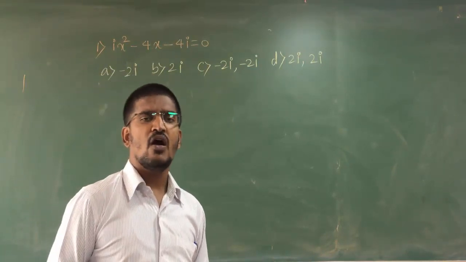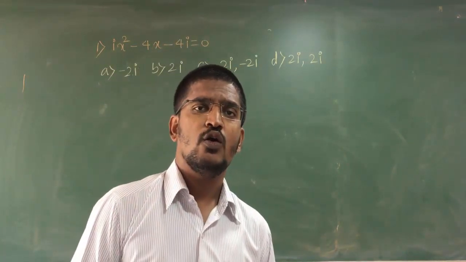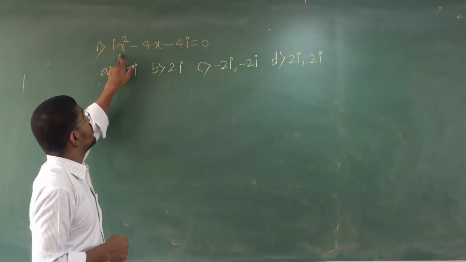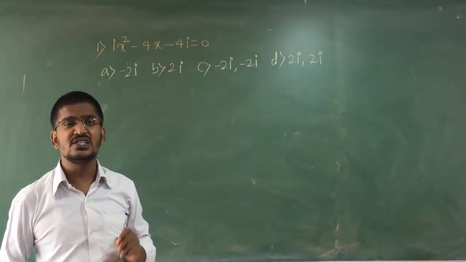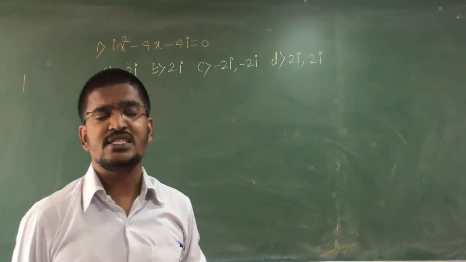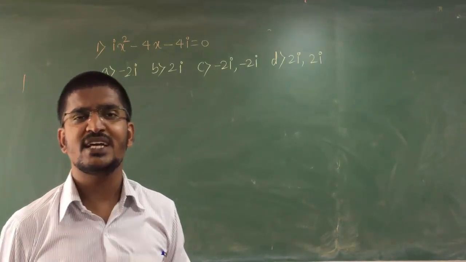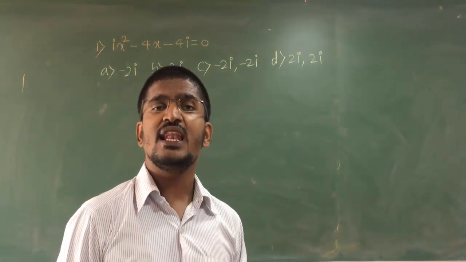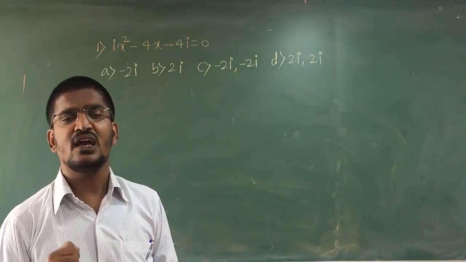So by knowing all those terms, now let us go for one of the problems of solving ix square minus 4x minus 4i equal to 0. By looking at this, you may get that it is a complex quadratic equation. It is not a real quadratic equation, it is a complex quadratic equation.